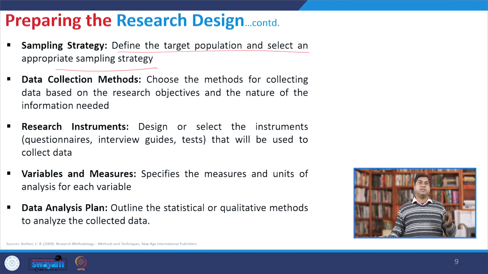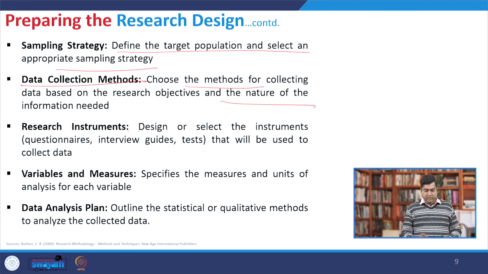Or else it is non-probabilistic convenience sampling, where for my convenience I picked them, and they will represent the population. Data collection method: choose the right method for data collection, whether the data will be collected from a primary or secondary source, and what kind of data type or nature of data we require.